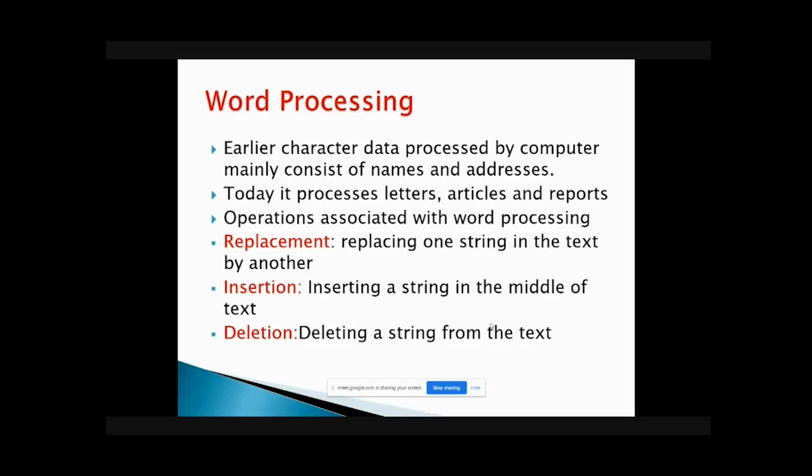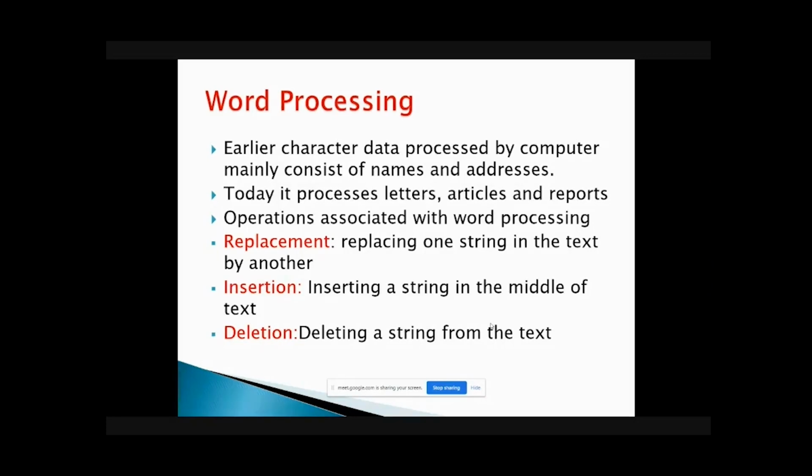Then I can go for replacement. Either it can be a complete string or a portion of the string. So replacement can happen for the entire string, or only for a substring of a given string. The length of the original string which you have to replace and the length of the replacement string can be the same or different.